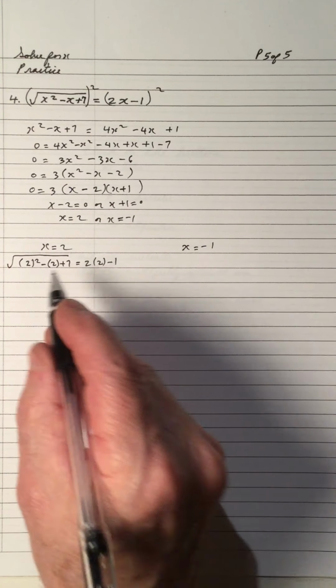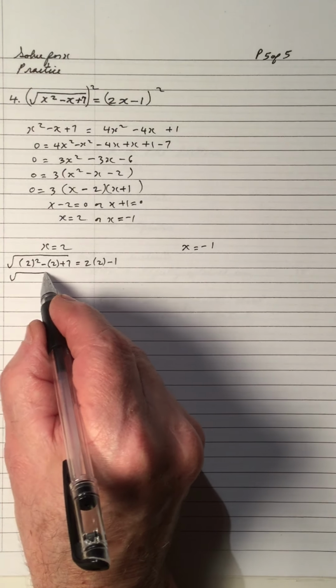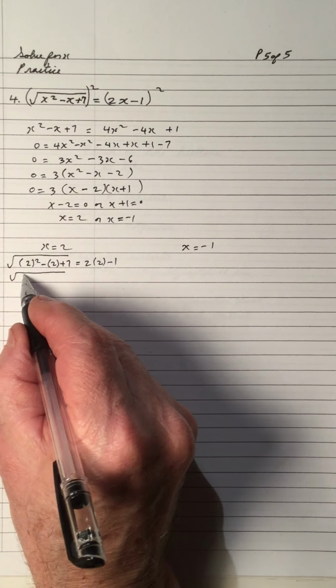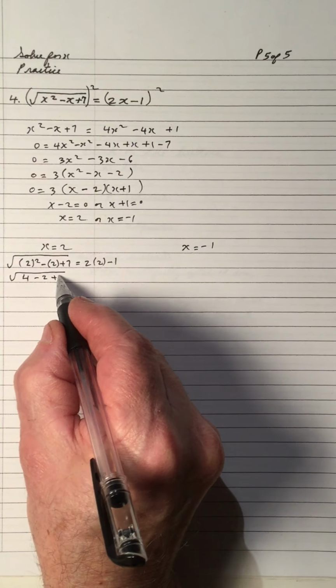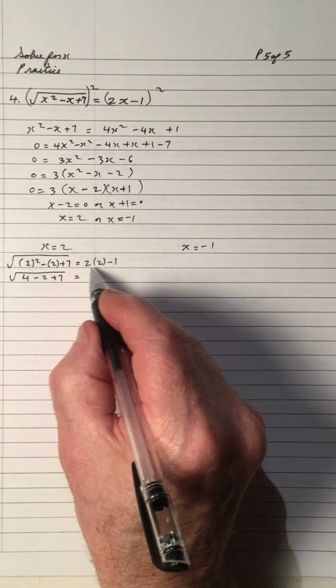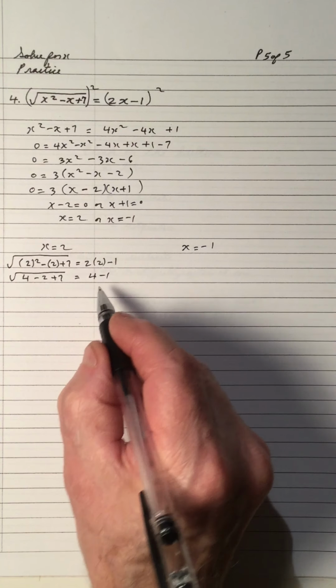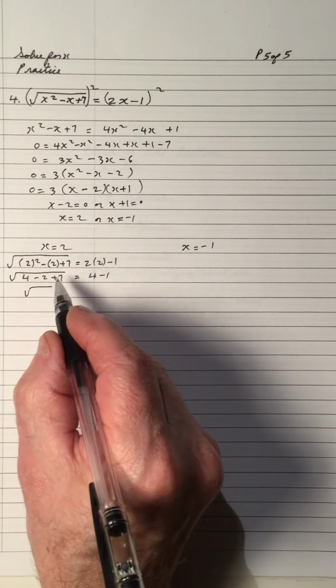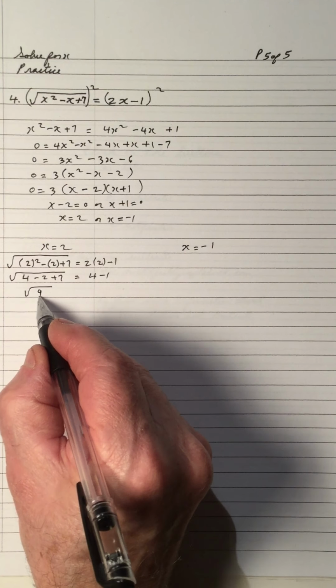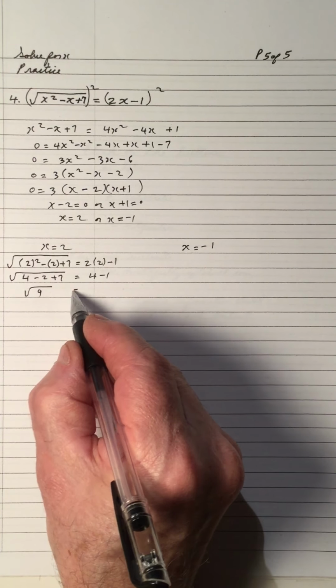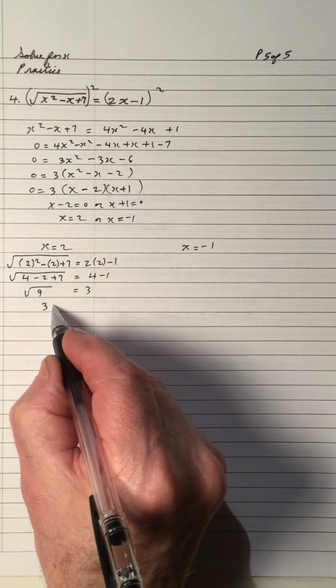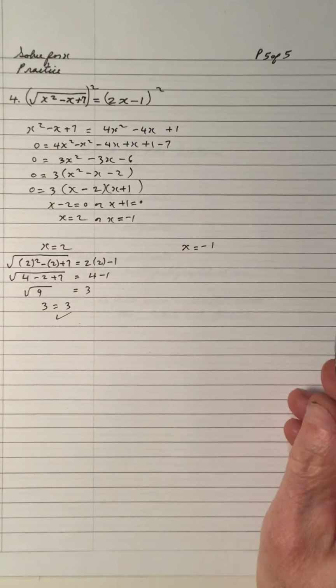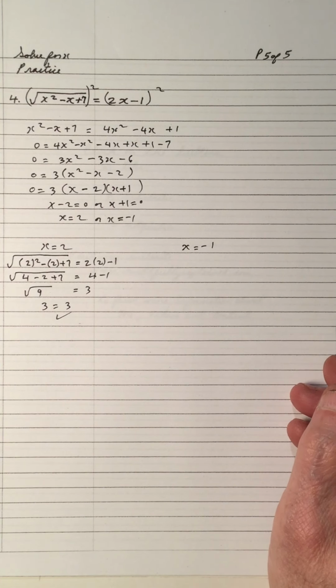And when I subbed it in, I put brackets. So let's work out the root. That's 4 minus 2 plus 7. And here I can go 4 minus 1. And the root is a 9. 2 plus 7 is 9 equals 3. Square root of 9 is 3 equals 3. So 2 is the root.